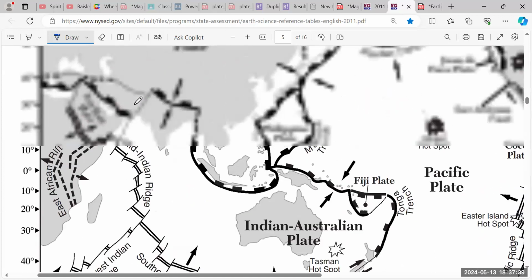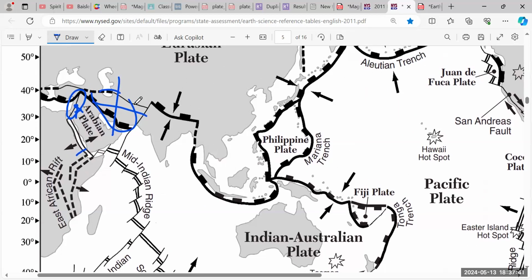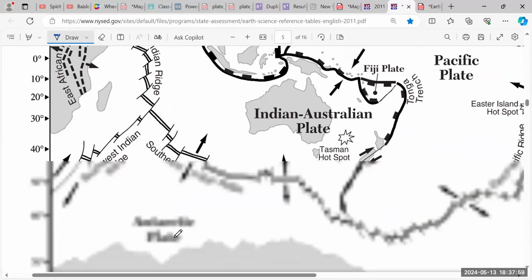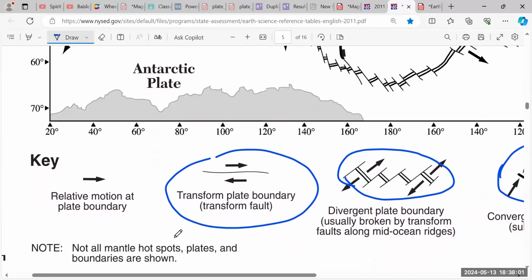Now, it could be that because of this diagram, the arrows can't really fit in this area. And so that's the reason why we're just looking at the symbol. When I'm looking at this singular line right here, the plate boundary that it matches the most is the transform plate boundary. And so that's your answer.